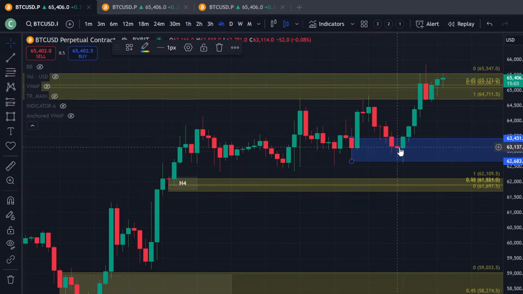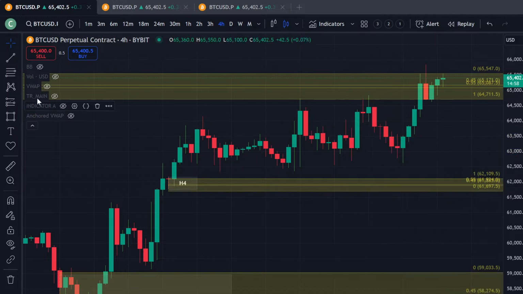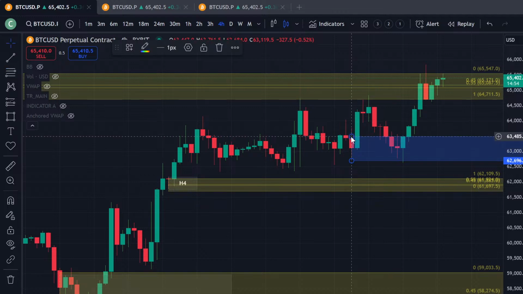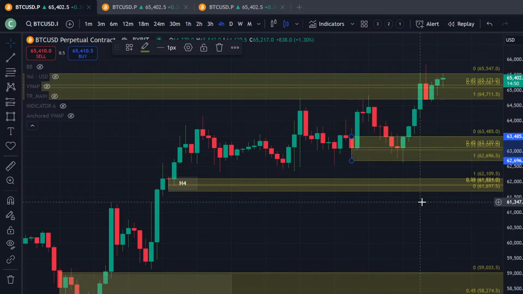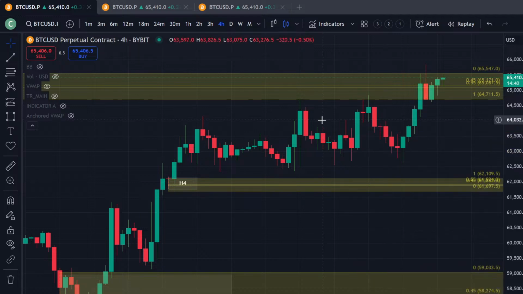I'm going to use the order block tool. So no, this was not the order block template. The closing was at the 45.55. This is where we expect the order block to take effect. So this was a closing and went further up. So this is also an order block. I'm not going to use that one.